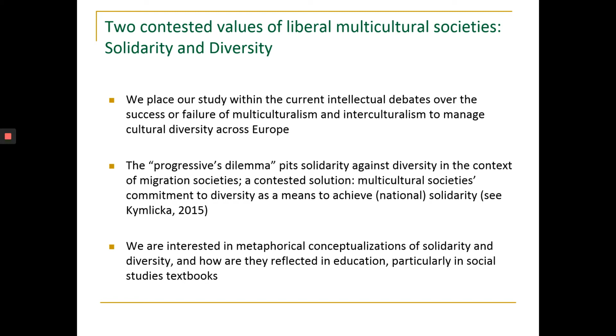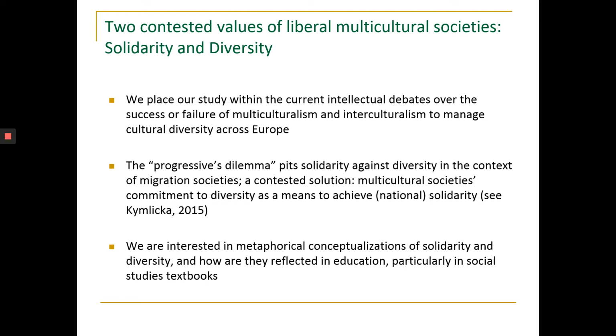We thus focus on two contested values of liberal multicultural societies, and we place our study within the current intellectual debates over the crisis of multiculturalism and its ability to manage cultural diversity across Europe. The so-called progressives' dilemma pits solidarity against diversity in the context of migration societies.